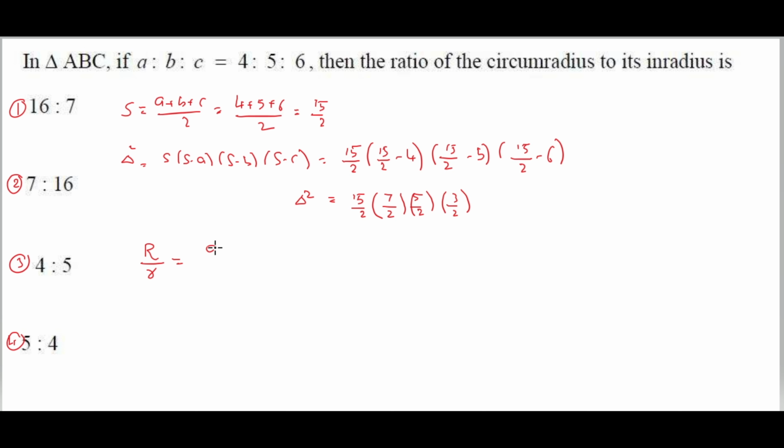Circumradius R is abc by 4 delta, and inradius r is delta by s. So R by r is equal to abcs by 4 delta square.